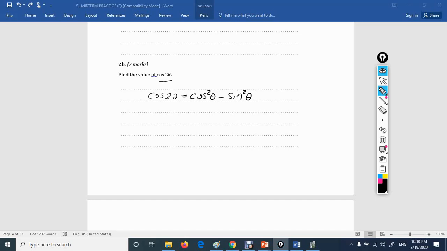So we already have the value of cosine, which is 4 over 5. So this will be 4 over 5 squared minus sine, which we found to be 3 over 5, so 3 over 5 squared, and this will equal 16 over 25 minus 9 over 25, and that will be 7 over 25, which is the final answer.